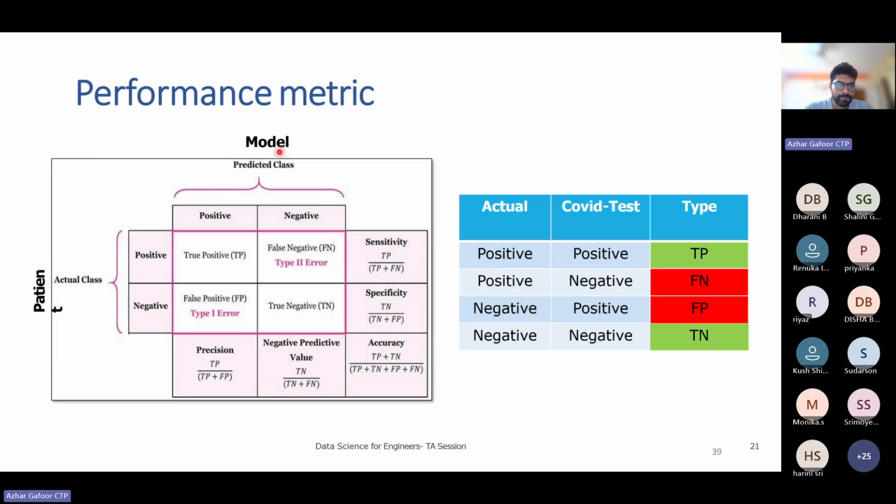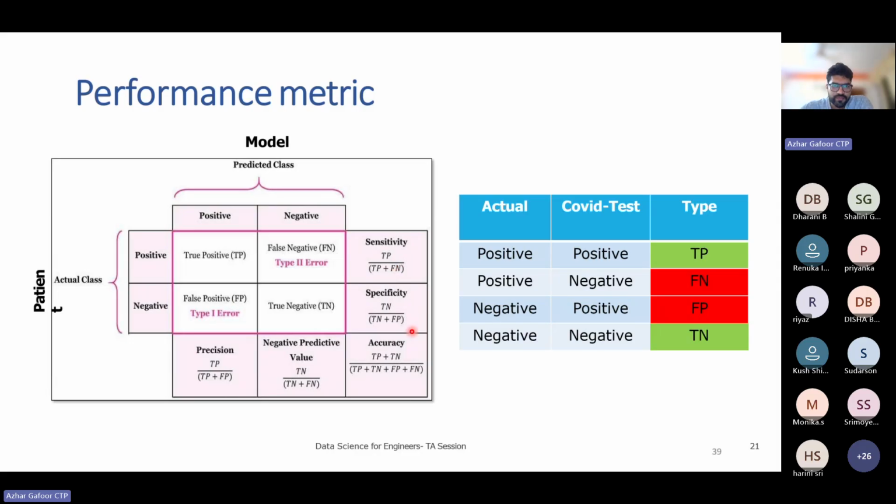So some of the cases are true positive, precision. Then we have sensitivity. Sensitivity is nothing but true positive divided by the, or it can be called how many actual true positives our model has predicted correctly as positive. So that is sensitivity.